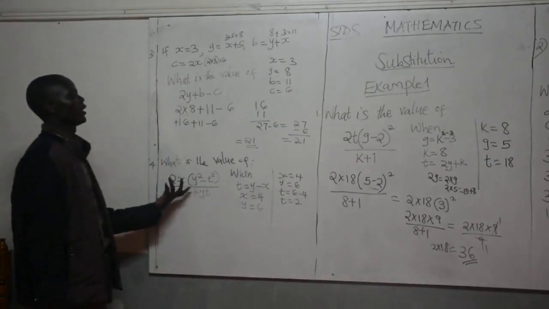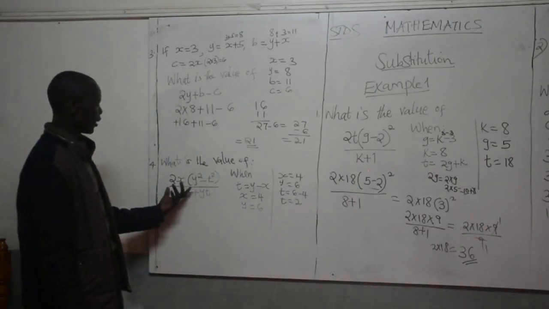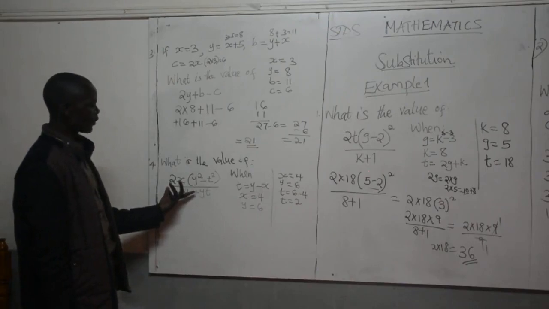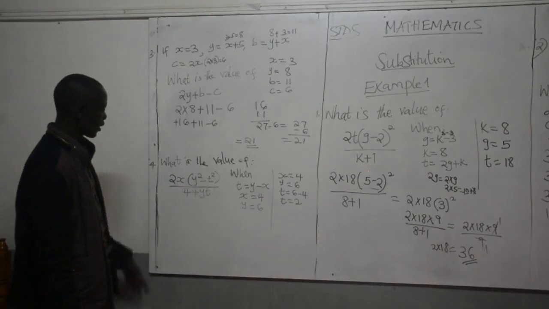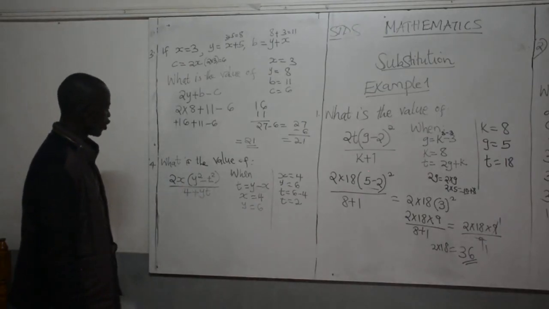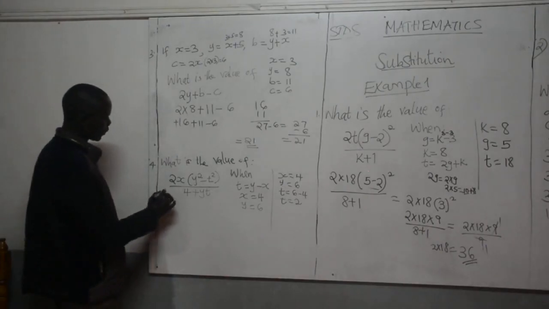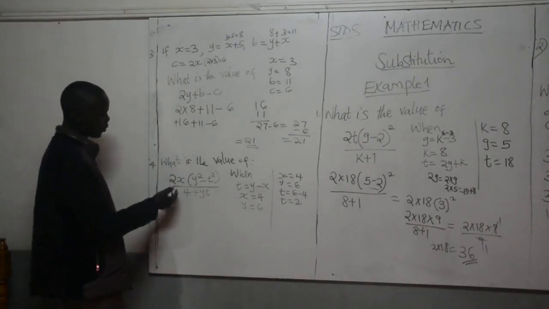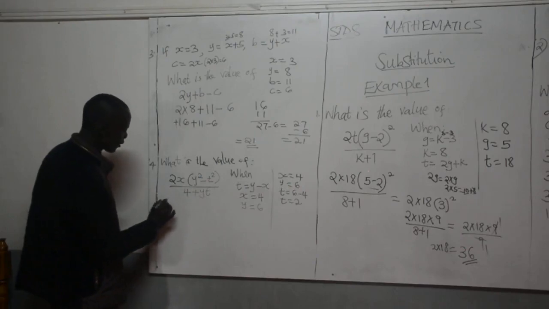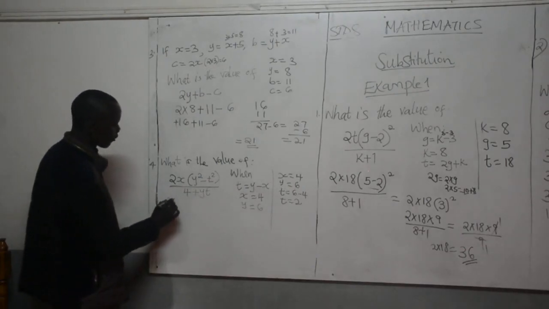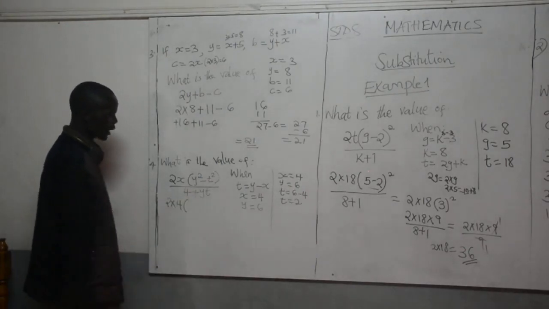Now we replace that information here. Where there is x, we put the exact value of x, which is 4. Where there is y, we put 6. Where there is t, we put 2. So let us replace. This is 2x. Remember, 2x I've said is the same as 2 multiplied by the value of x. In this case it is 2 multiplied by the value of x, which is 4. You open the bracket.